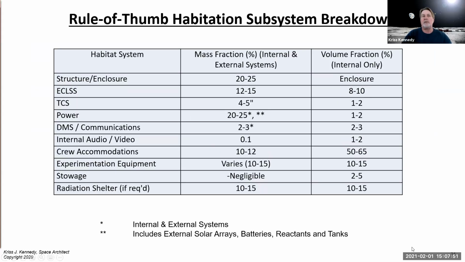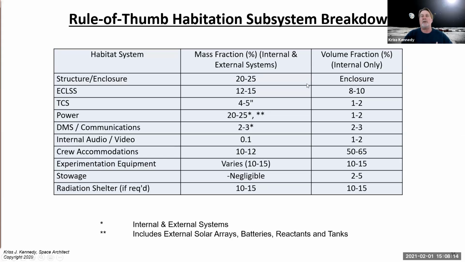Also part of our studies, we did analysis to understand the mass fraction and volume fractions of the system for a habitat. And here it breaks down by mass and volume and by subsystem.